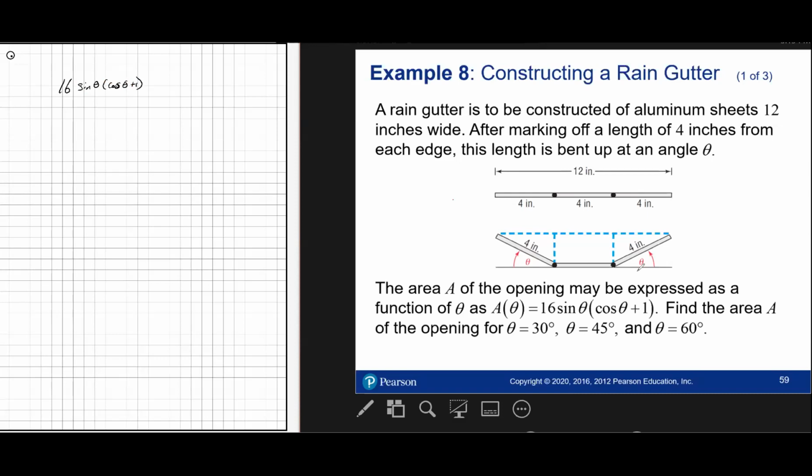Right, so you're going to add 1 to the cosine of theta, and you're going to multiply that by the sine of theta, and then you're going to multiply that by 16. So they want to know when theta is 30 degrees. So it's going to be the sine of 30 degrees times the cosine of 30 degrees plus 1. All right, 30 degrees.